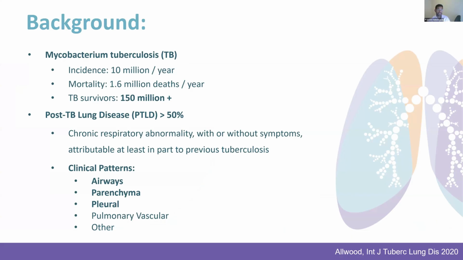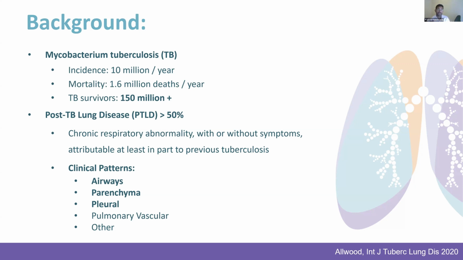And whilst tuberculosis itself is treatable and curable, over half of treated patients experience post-TB sequelae. And now, with over 150 million TB survivors worldwide, the issue has started to gain real recognition. So in 2019, the first post-TB lung health symposium was held, at which time definitions and clinical patterns of post-TB lung impairment were described.